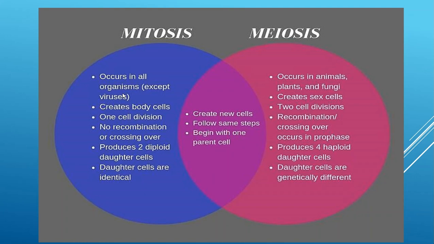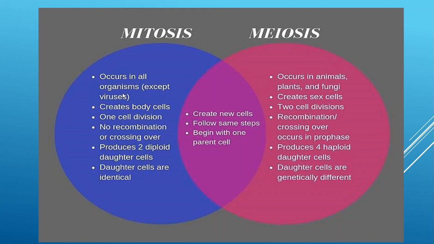We have already discussed it during the explanation. Let me revise it. Mitosis occurs in all organisms, whether unicellular or multicellular. Meiosis is restricted to reproductive organs, whether in plants, fungi, or animals. Mitosis helps in division of body cells, as it repairs worn out cells and tissue. On the other hand, meiosis doesn't create somatic cells or body cells, only sex cells, which are also called gametes. Mitosis consists of only one cycle of division.